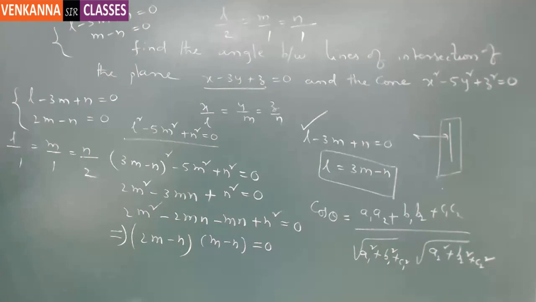If theta is the angle between the two lines of intersection, then cos theta is equal to, that is the formula we use. You take that this is A1, B1, C1 and this is A2, B2, C2. Now applying that, give me the value of cos theta. What will it be? Can I say that it will be 5 by 6?